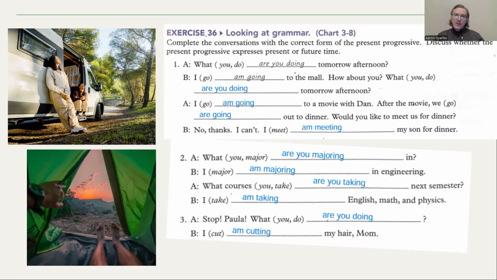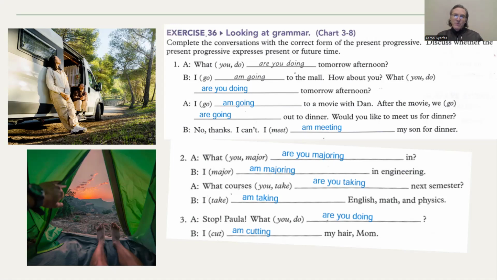So notice in the example number one, it's talking about tomorrow afternoon. What are you doing tomorrow afternoon? What are your plans? Right? In his plans, he's going to the mall. And then the other person's plans are going to a movie, going out to dinner, meeting my son.